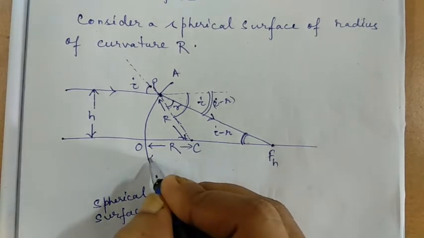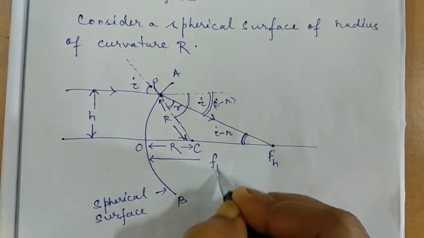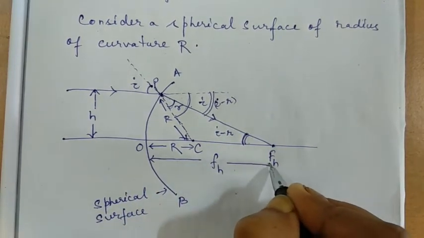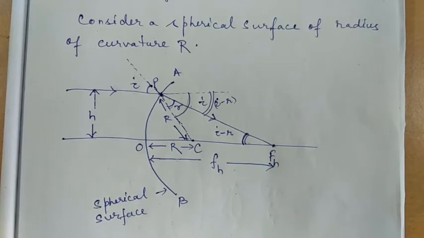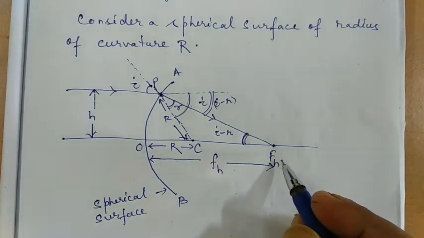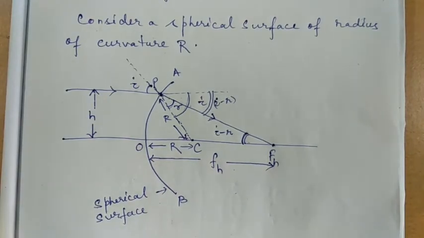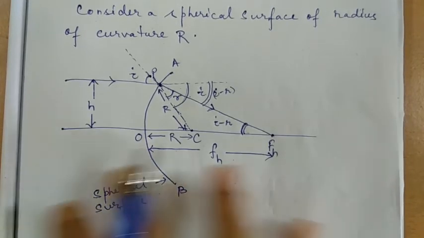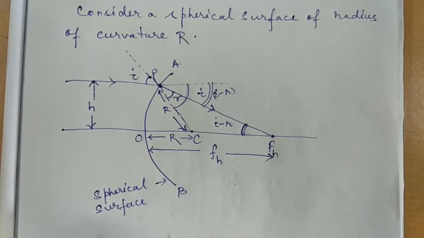Now let small f H be the focal length for the focus FH. So this is the figure we are going to consider for the calculation of spherical aberration in a lens.